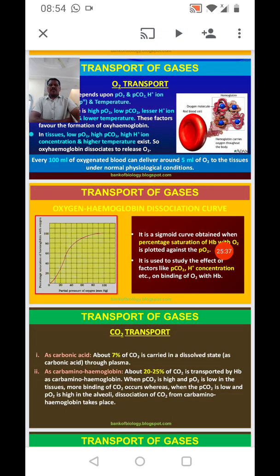Right? Simple. Suppose if transport of oxygen is asked under 4 marks in the examination, simple. You have to explain the 2 methods of oxygen transport, and you also write about the oxygen hemoglobin dissociation curve.